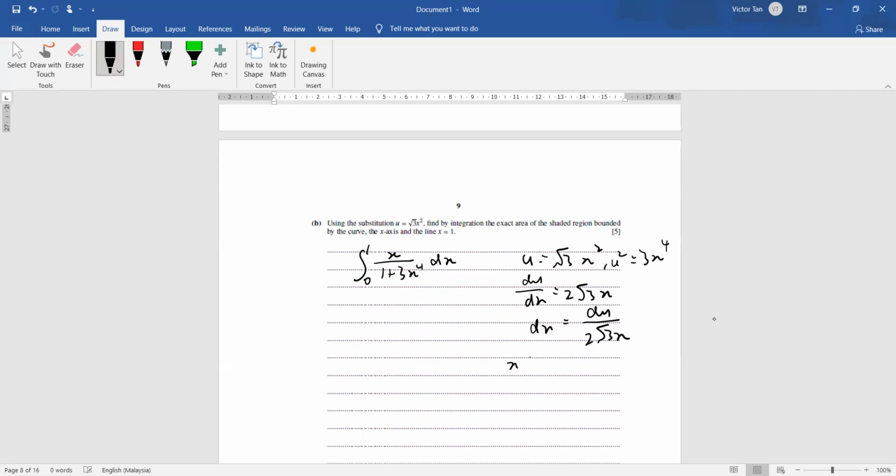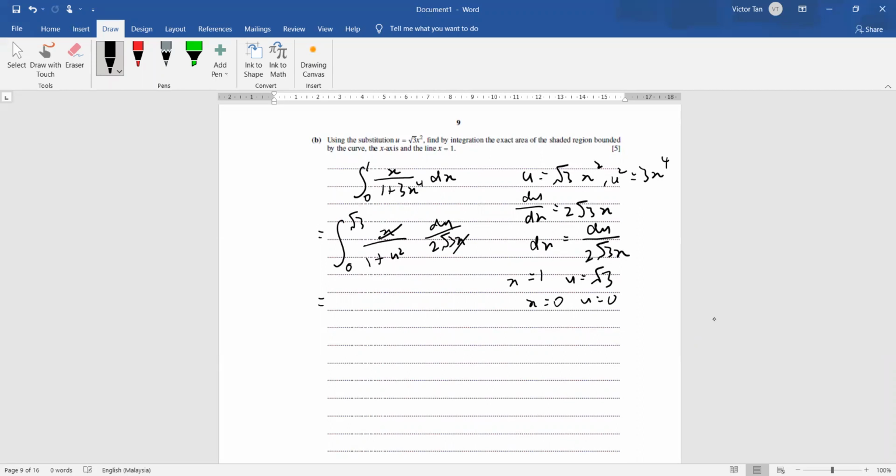So when x is 1, u is root 3. When x is 0, u is 0. So by substituting everything, you get the integral from 0 to root 3 of x over 1 plus u squared du over 2 root 3 x. So you cancel off the x.